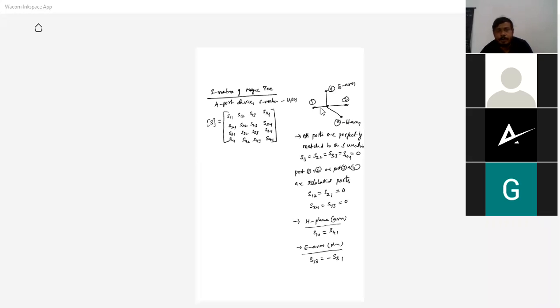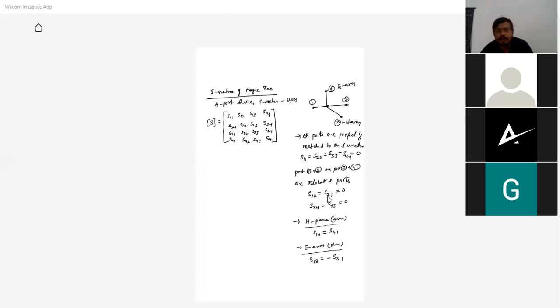If all are perfectly coupled, 1 and 2 are also isolated ports. Isolated ports means there is no power coupling. If you give any power at port 3, it will not come at port 4. If we apply any power at port 4, it will not appear at port 3. So 1 and 2 are also isolated ports.